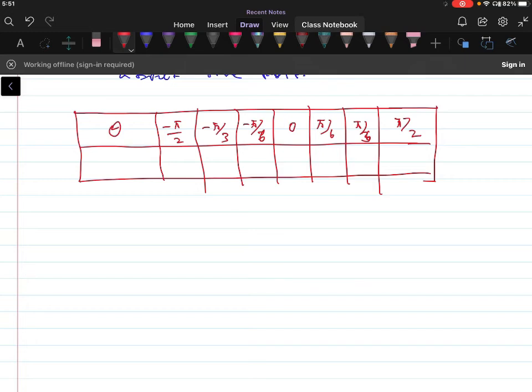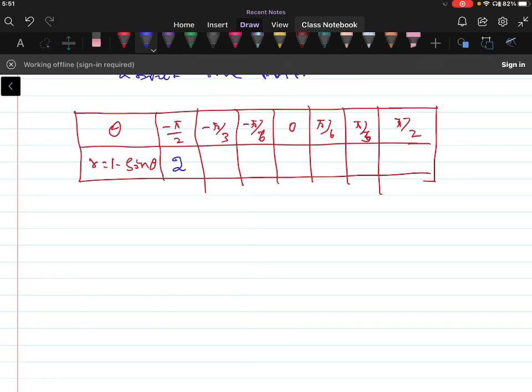In the second row of the table, let us add the polar curve r is equal to 1 minus sine theta. When theta is equal to minus pi by 2, sine of minus 90 is minus 1, so 1 plus 1 is 2. The r value is 2 when theta is equal to minus pi by 2.